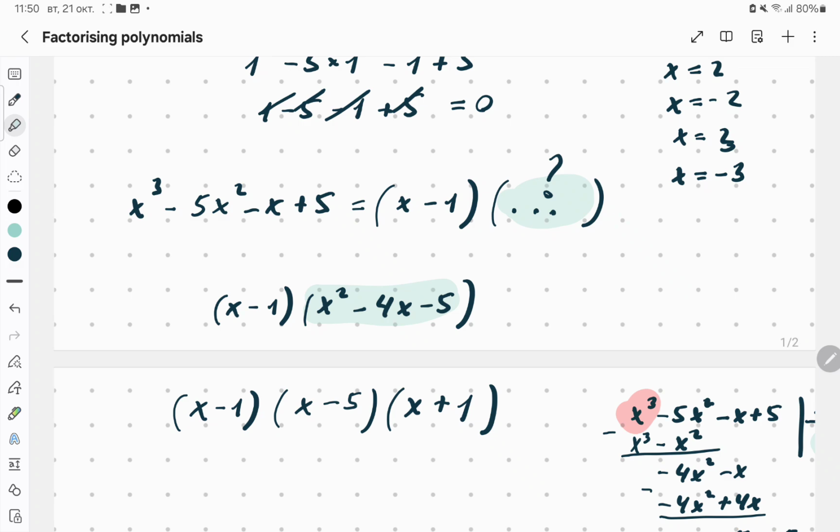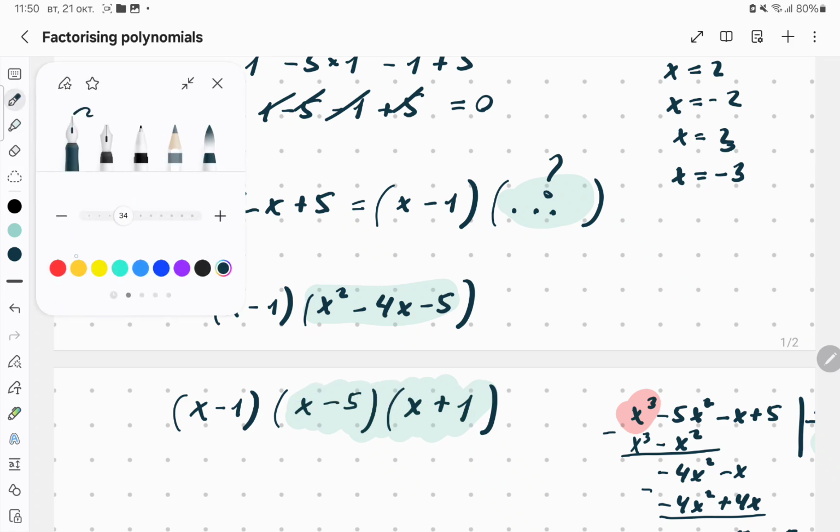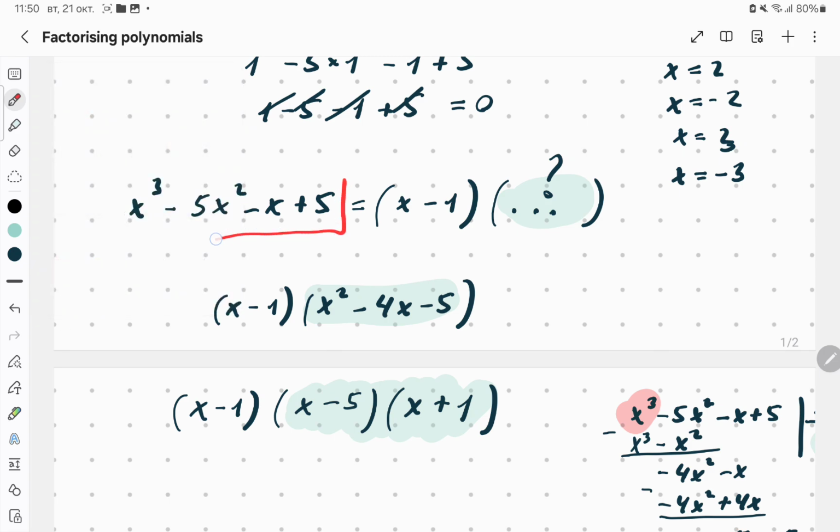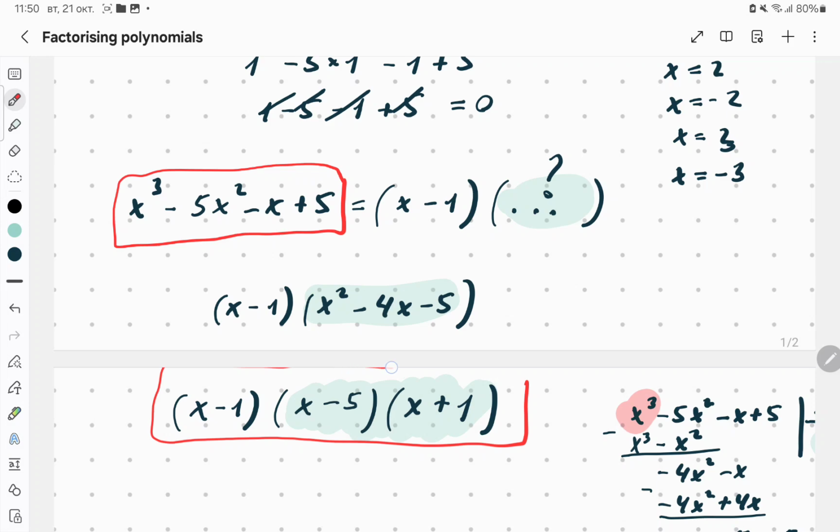How to factorize quadratic trinomials, I will give the link in the description of this video. Just have a watch if you're not clear. Now you see that our polynomial is fully factorized. So this equals this, and now it's ready to find the zeros, or simplify, or use for anything else.